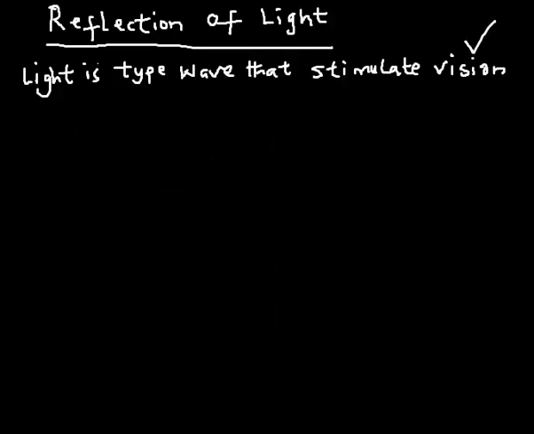Now, as I've already said, we're going to be looking at some basic terms before we go into the reflection of light. What are these basic terms that we need to learn? One basic term is the ray of light.